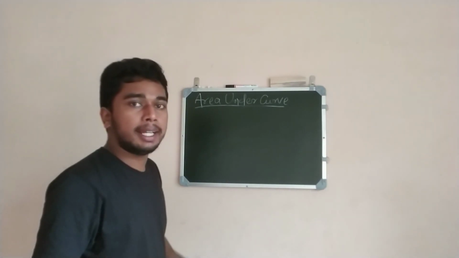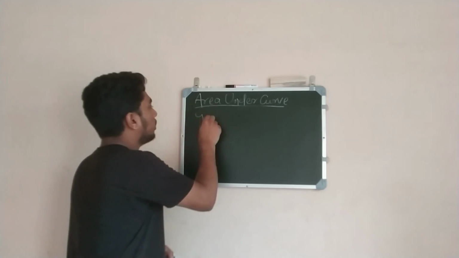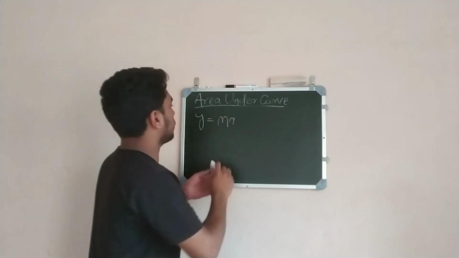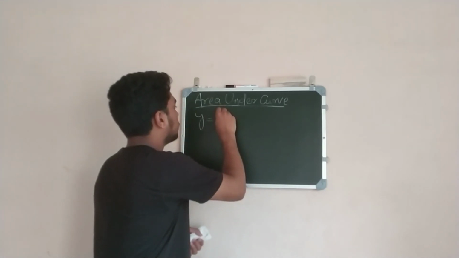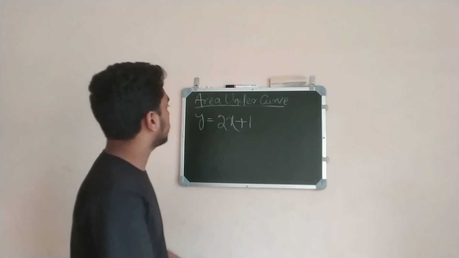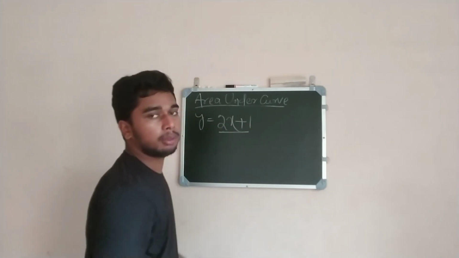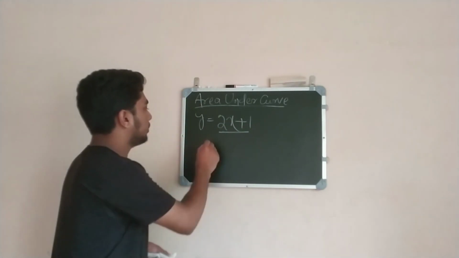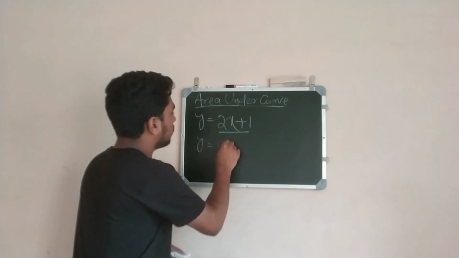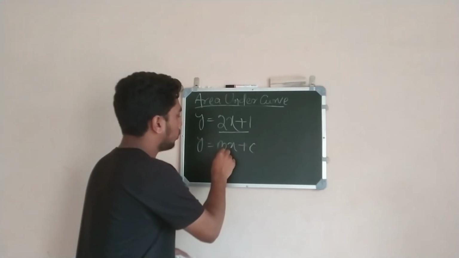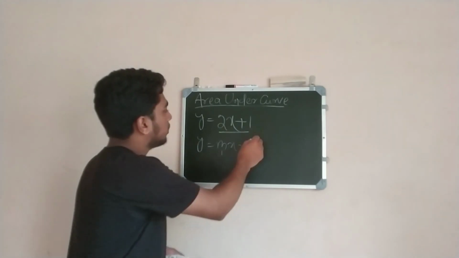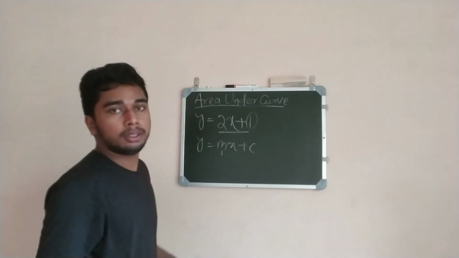Suppose I have an equation of a line. For example, y is equal to 2x, the simplest equation which looks like this. So this is nothing but the equation of a straight line. If you remember, the equation of a straight line was y is equal to mx plus c. What was m? m was the slope of the line and c was the intercept with the y-axis.